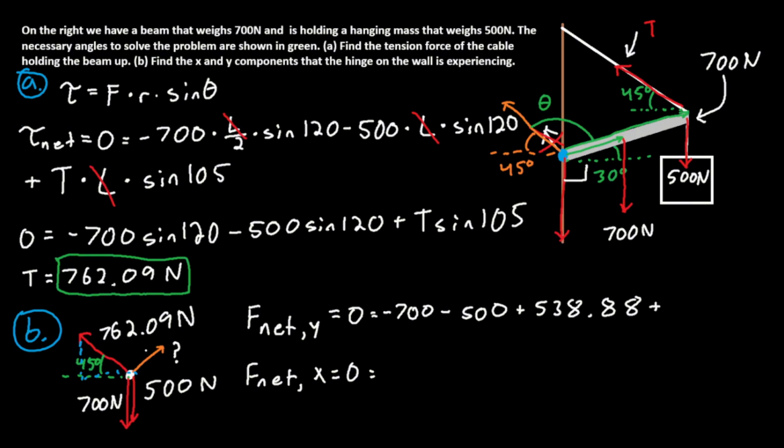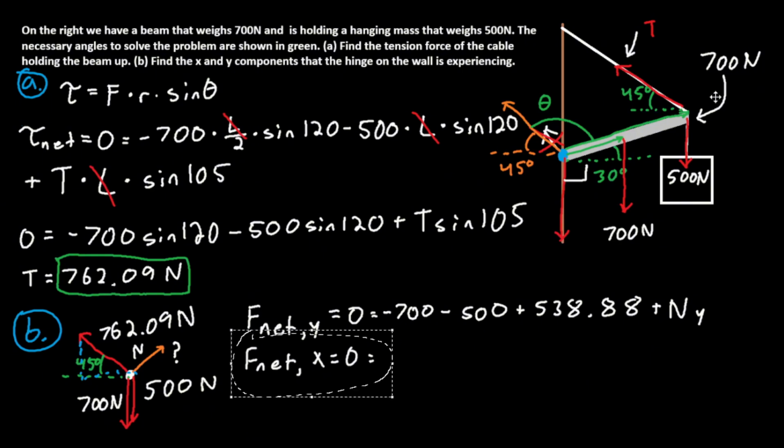So let's represent this by n. We need to solve for the y component of the normal force, so the y component of the normal force is ny. Now it's technically not a normal force, I'd say, but we'll just call it that because it kind of represents it. So now all we need to do is solve for ny. We can actually isolate ny here, but let me just finish off the rest of this problem.